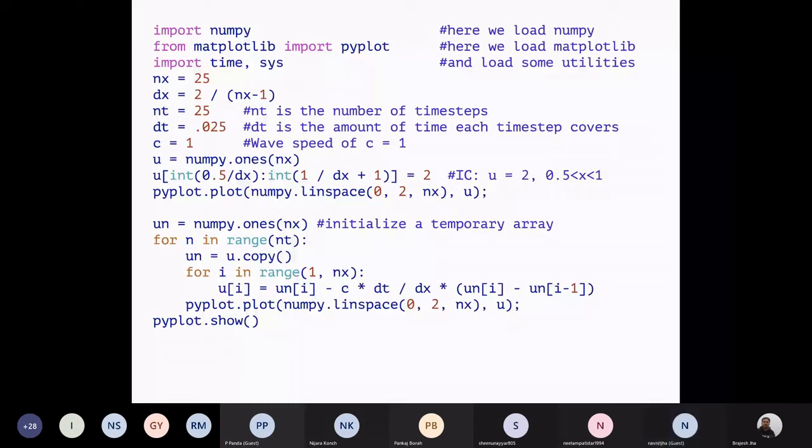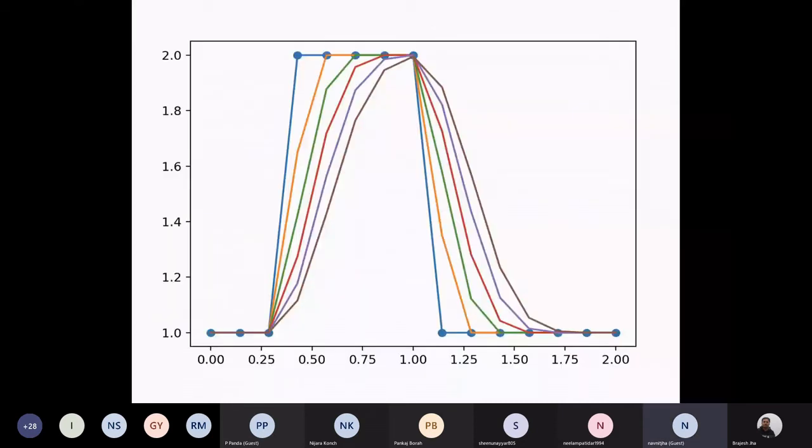Listen, the graph says here the circled line is basically our initial condition. So initially the wave is like this. And as time moves, the shape of the wave changes like this.